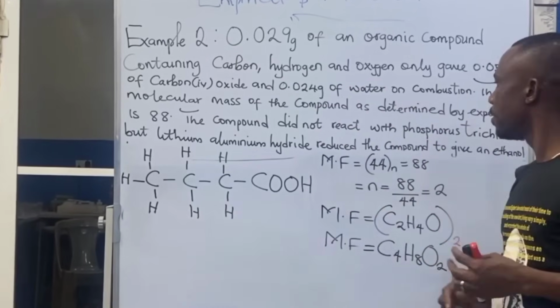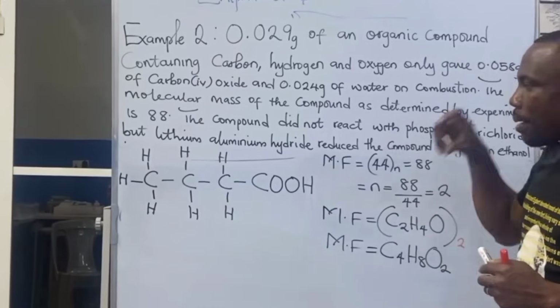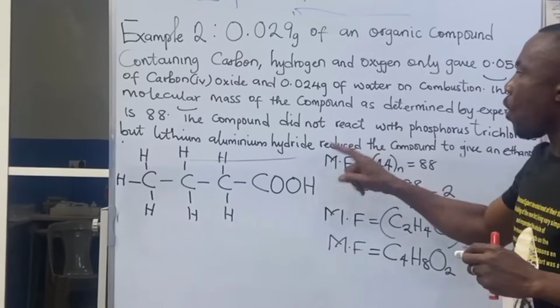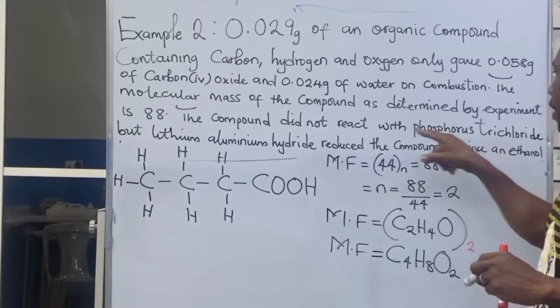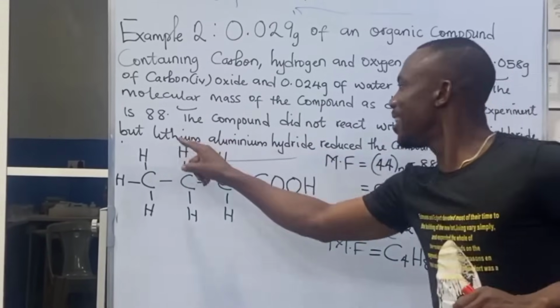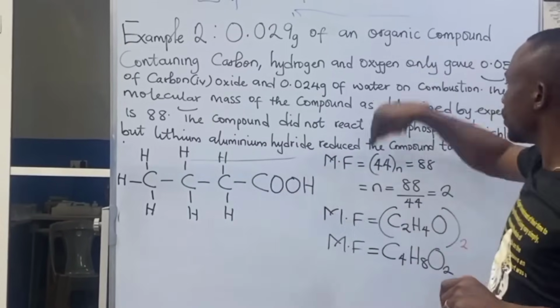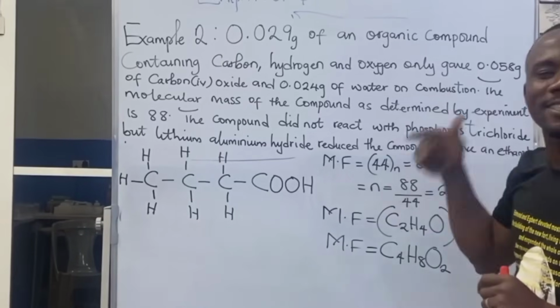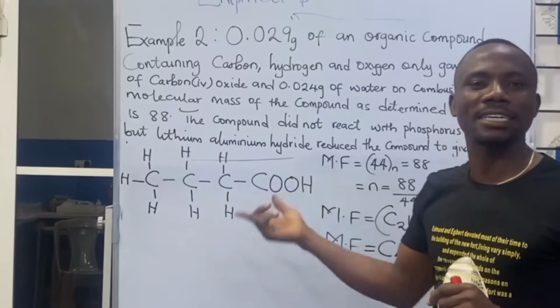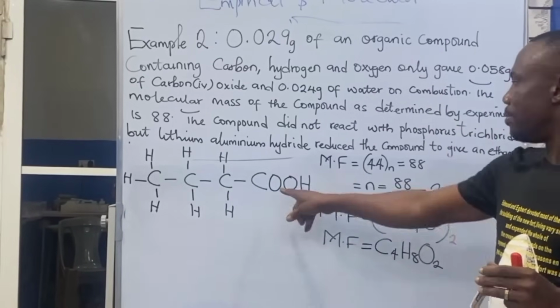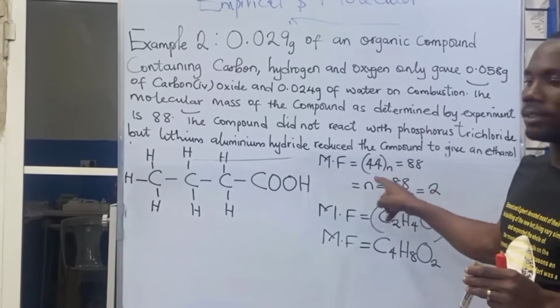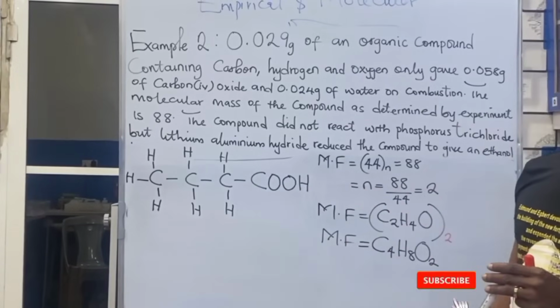The reason is that it is the carboxylic acid that undergoes reduction. From the question, they said that lithium aluminum hydride reduces the compound to give ethanol. It is only carboxylic acid that can be reduced in the presence of lithium aluminum hydride to give alcohol.